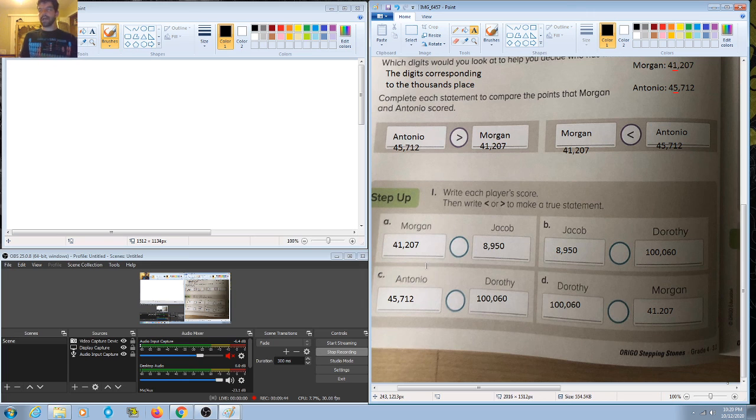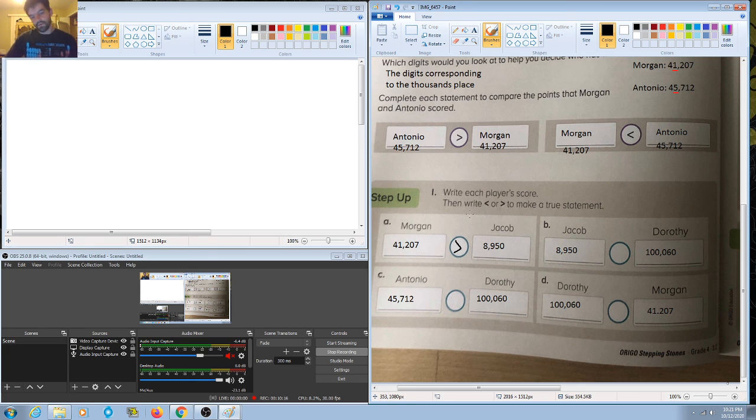It does not matter which place value we specifically look at, because the number with the greater number of place values will always be higher. So since this is a number with 5 place values, being that this has the 10,000th place, and this number only has 4 place values, being the thousandth place as its highest, Morgan's score will automatically be larger.